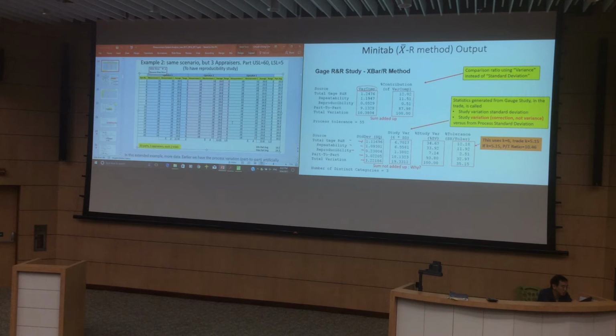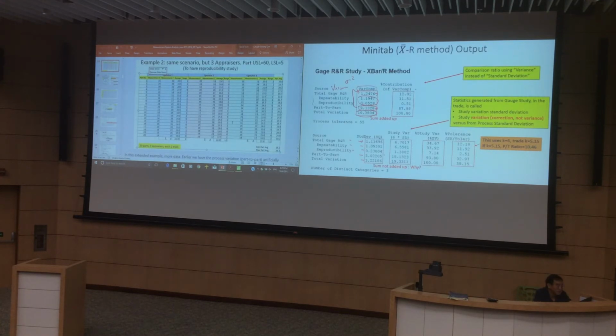This portion of it is all variance, so this one squared is this term, this one squared is this term, and this one squared is this term. You add these terms together, you get this one. And this part here is you add this and that. It's 10.